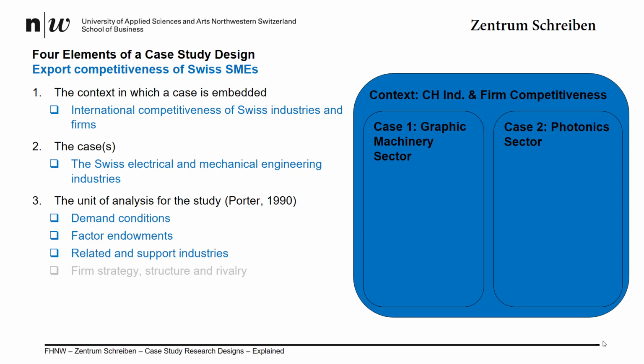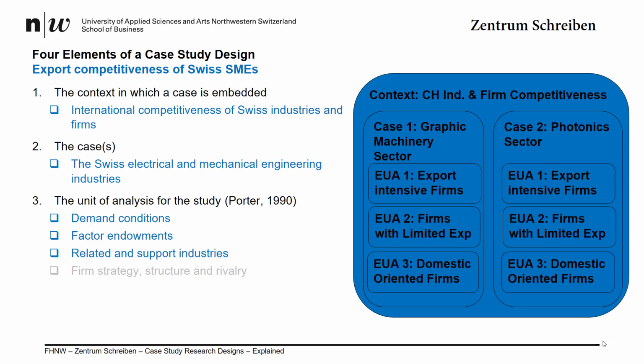For example, in our illustration, we might have three different embedded units of analysis based on our understanding of the phenomenon. These could be the observation that some firms are export intensive and are different to other firms which are less export intensive, as well as a third category of firm which is entirely domestically oriented.